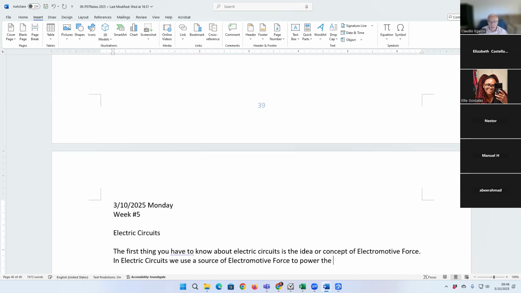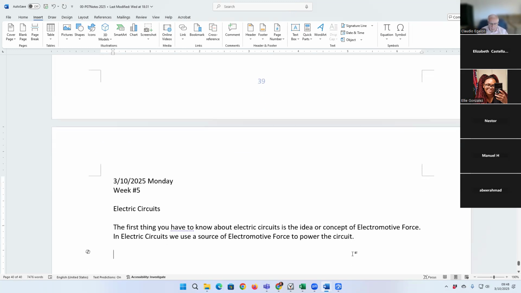to power the circuit. By the same token that the engine of your car is used to power your car, we also have something, an engine, between quotes, that's an electric engine that's used to power an electric circuit. Let's put it this way.